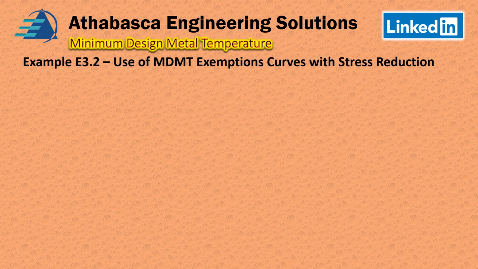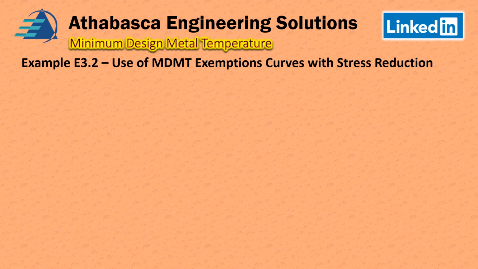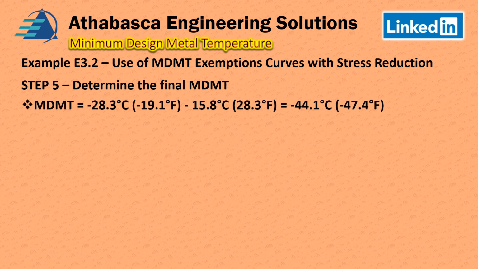So we continue on. We'll determine the final MDMT. We just take the minus 28.3 that we calculated in the last video, and a little bit of a summary in the beginning of this video, and then we take the 15.8 that we just did, and lo and behold, we've got our MDMT down to minus 44.1 degrees centigrade.